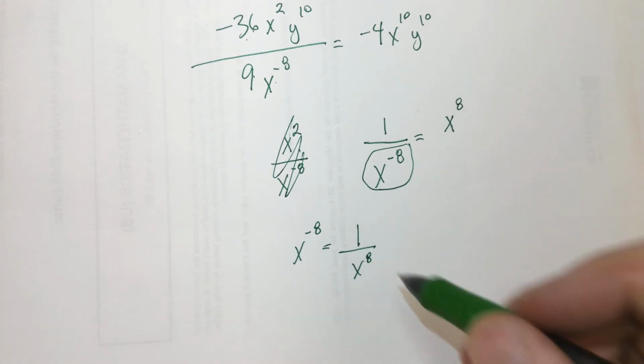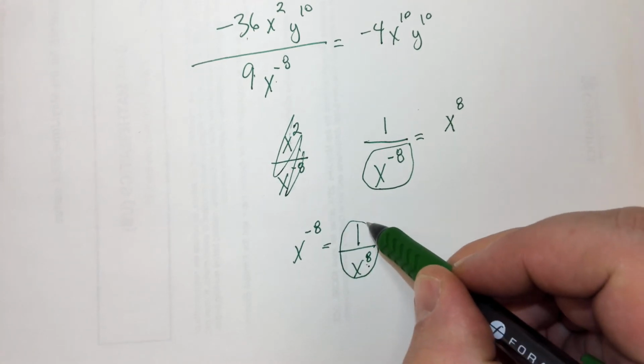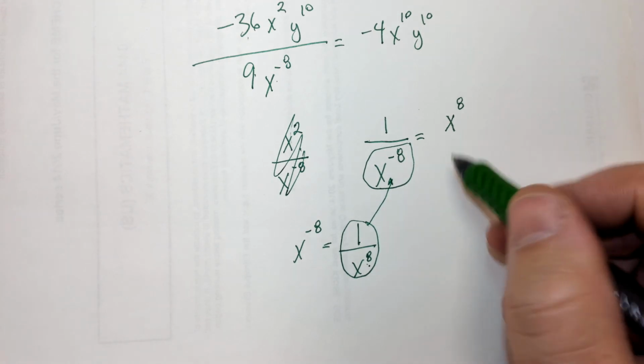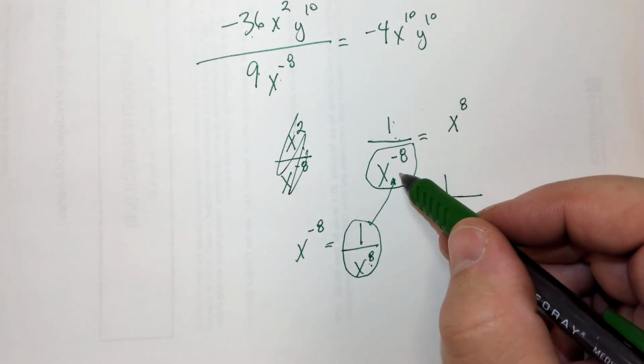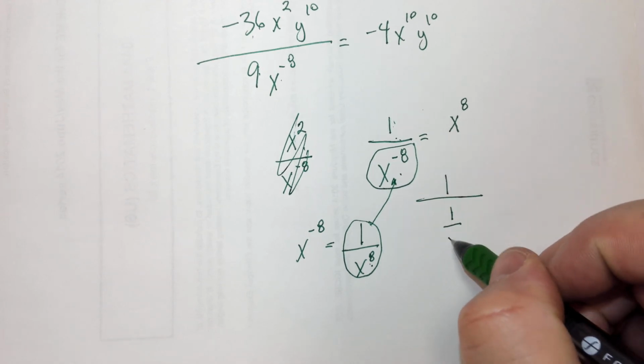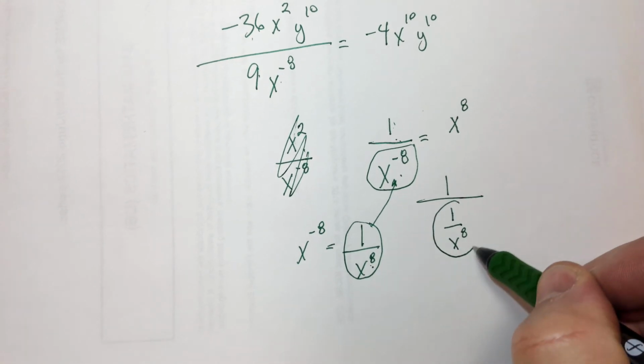So then, if I put this whole thing right there, what I would get is 1 over, right? This is equal to 1 over x to the 8. That's it. And that's ugly. But this whole thing is being divided.